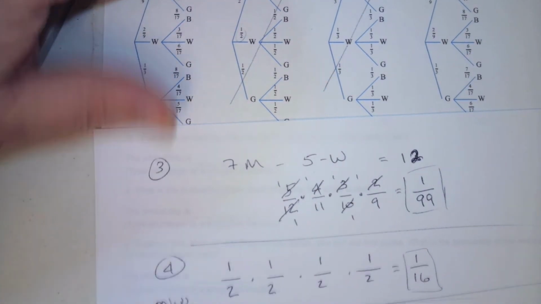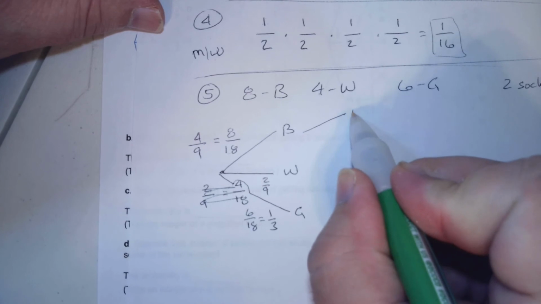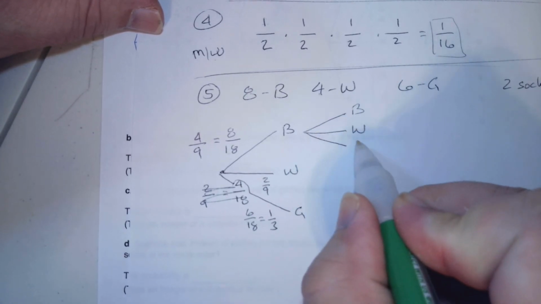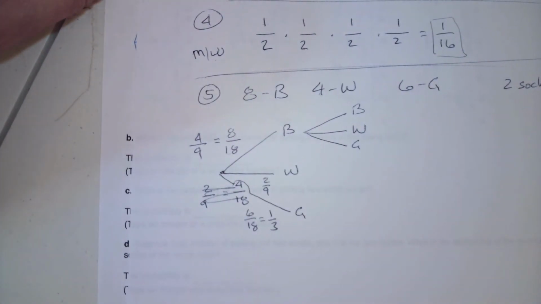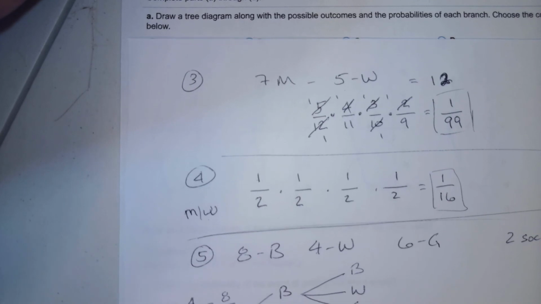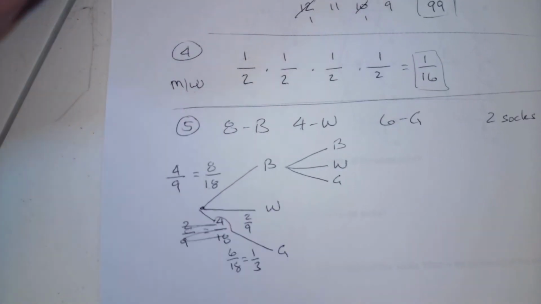Okay, so now we look at the second draw. We get a blue sock, a white sock, a gray sock. So now the first one, you keep it because it says without replacement. So now how many blue socks do you have?